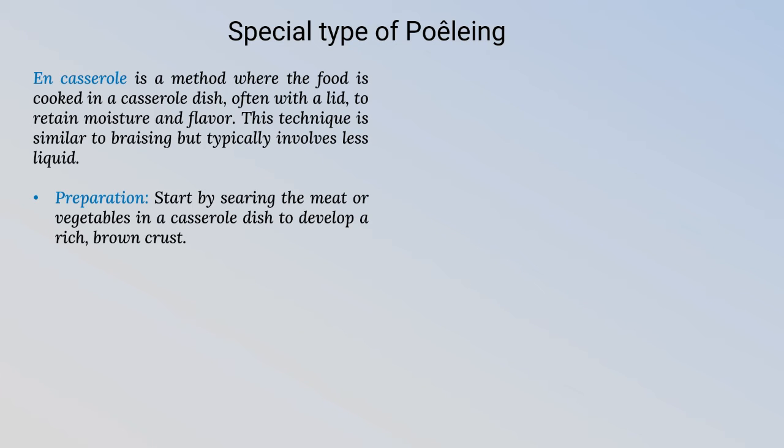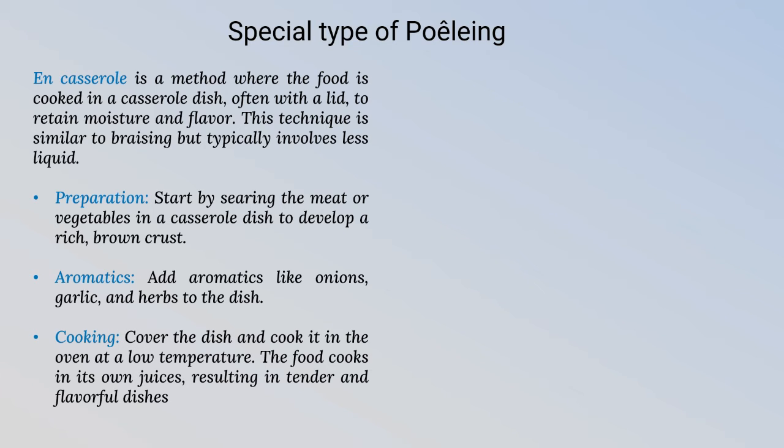How is it prepared? Start by searing the meat or vegetables in a casserole dish to develop a rich brown crust. First by searing to create the crust, then adding the aromatics like onion, garlic, herbs to the dish, then cooking it by covering the dish and cooking it in the oven at a low temperature.